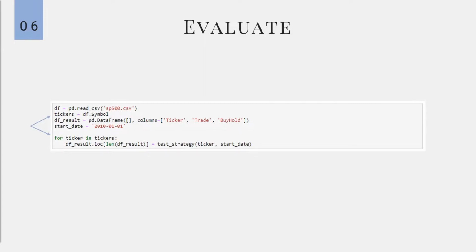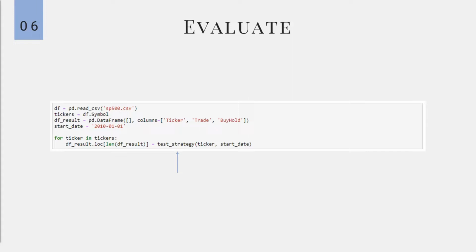So to evaluate this, now we have a for loop here, so we iterate over every ticker that we have. And then we call the test strategy function. And the test strategy function is just everything that we have coded before. I took everything and wrote it into one function.